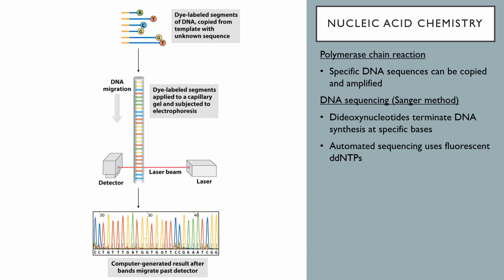In fact, nowadays this method is almost entirely automated. So you load your sample DNA into a machine. The machine already has all the components for the reaction present, and it just does all the steps for you, and then gives you a sequence at the other end.